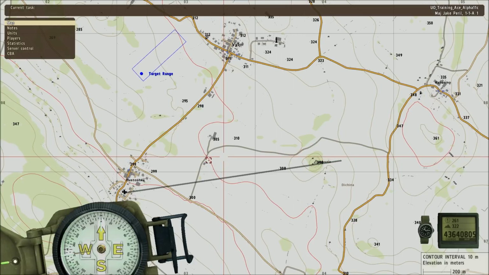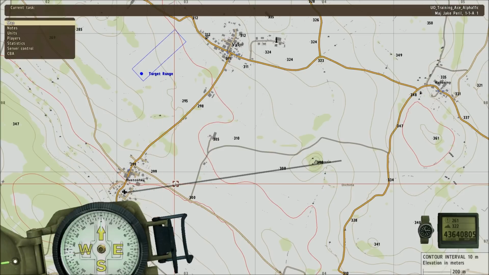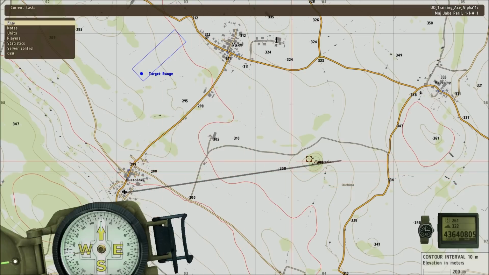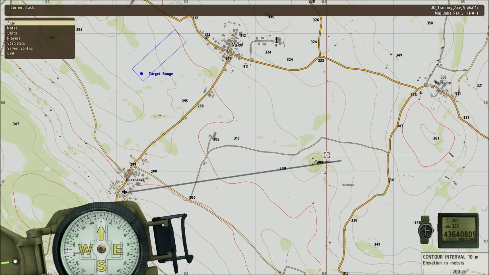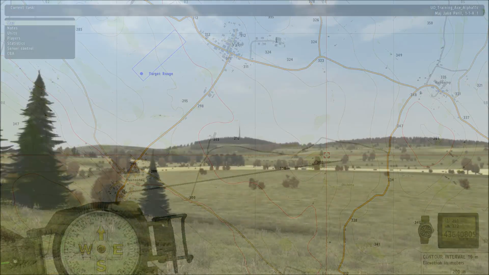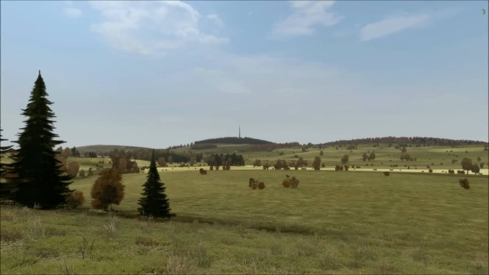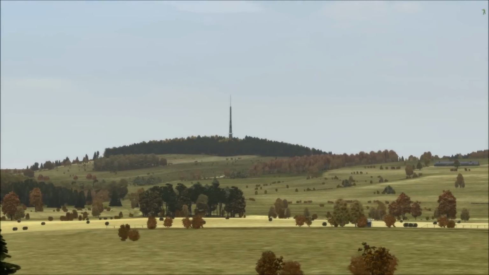Now I know that I am located somewhere along this line, east of Pustoshka, but I need another landmark to find my exact position. Any landmark that is visible from my current position and can also be identified on the map will do the trick. I have already spotted the large radio tower on Green Mountain to my south, and I will use this as my second reference point.